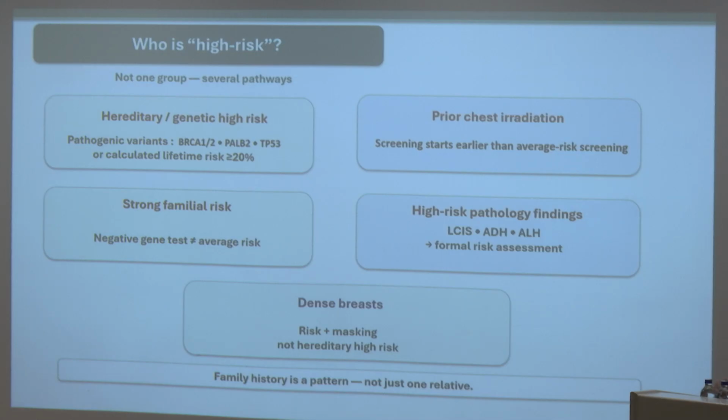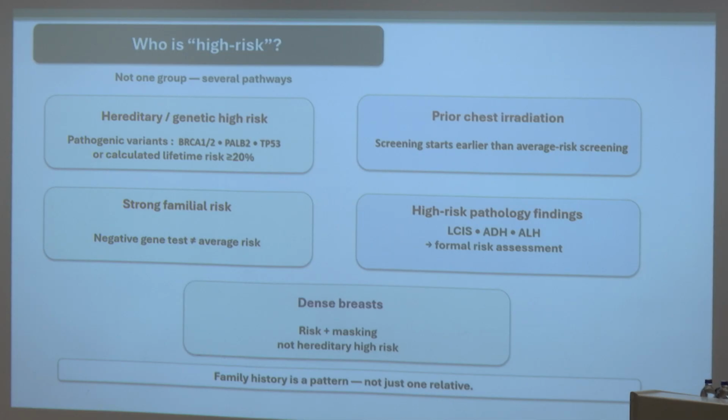The most important is hereditary, genetic high risk: the pathogenic variants, BRCA1, 2, PALB2, TP53, and more, or a calculated lifetime risk of more than 20% or even 25%. The other one, which is again important, is strong familial risk.